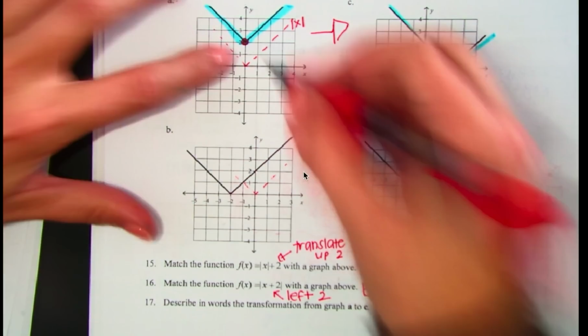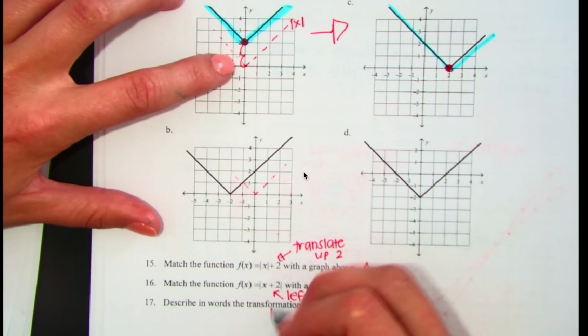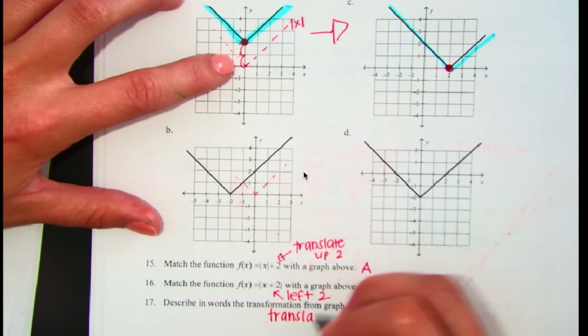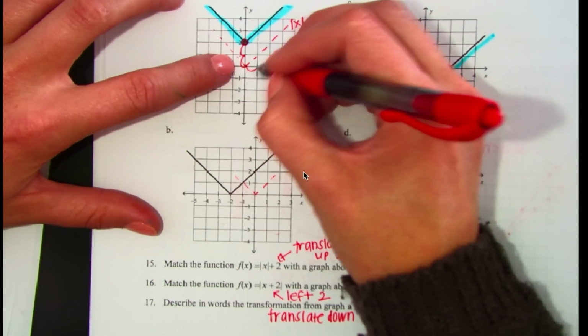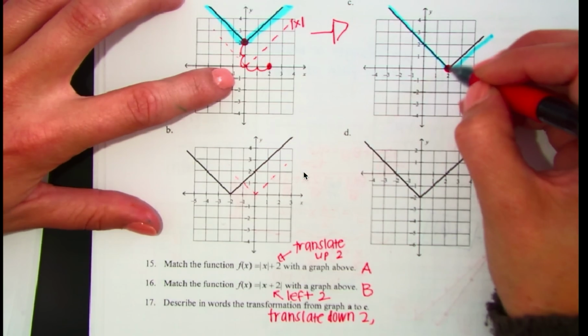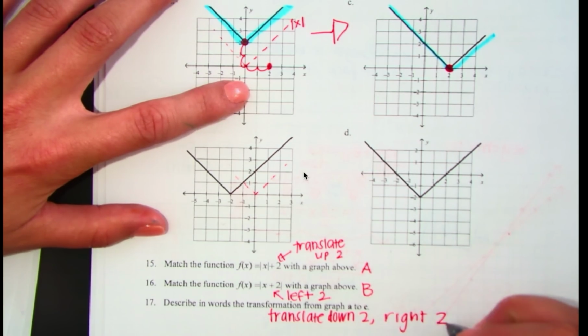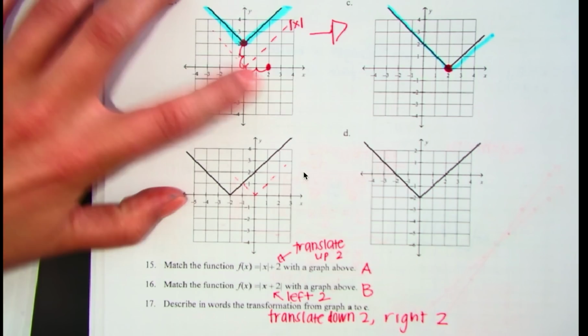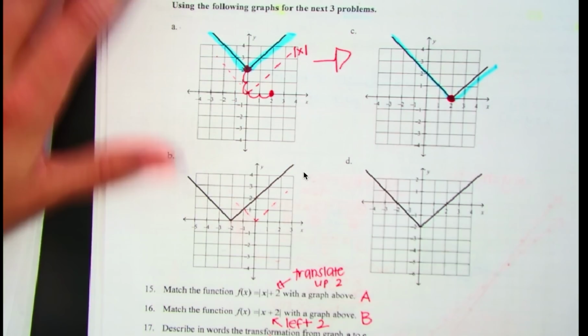So you're translating this graph down 2, so we're going to write that, translate down 2, and then you translate 2 to the right to get here at 2, 0. So down 2 and right 2 to move this graph onto C, or to get from A to C.